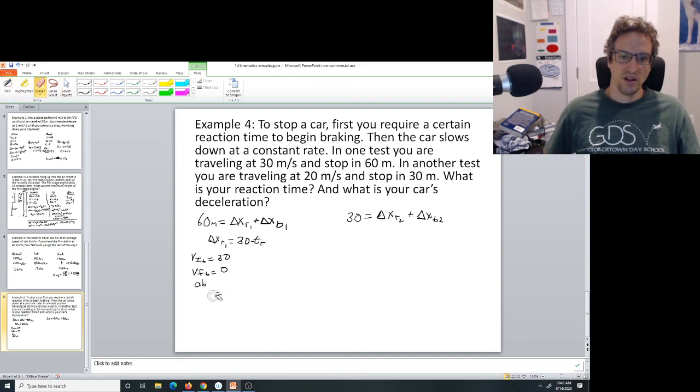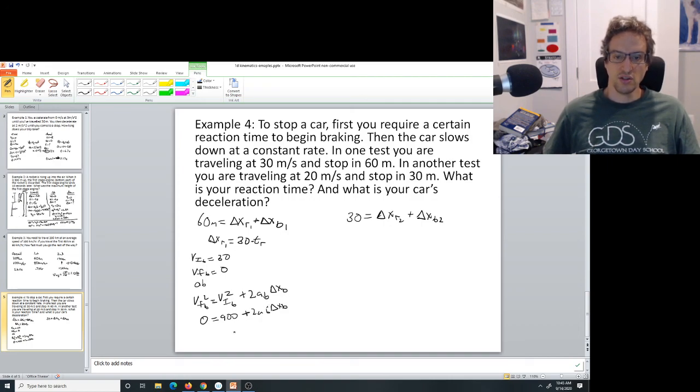My bad. If I want to find change in x braking in terms of these, I can use v final braking squared equals v initial braking squared plus 2 a braking times change in x braking. This is 0 equals 900 plus 2a change in x braking. I can solve for the displacement of braking, so it becomes negative 900 over 2a.